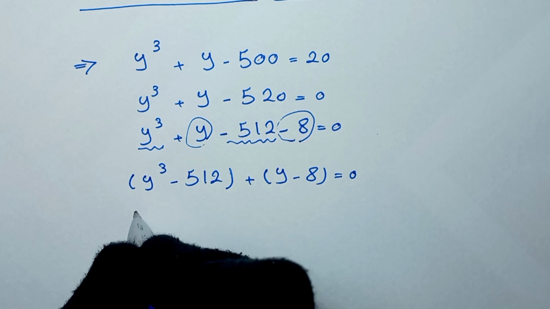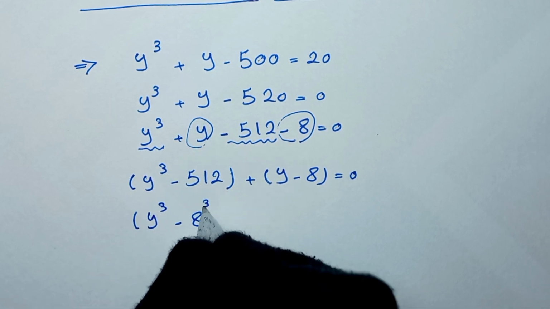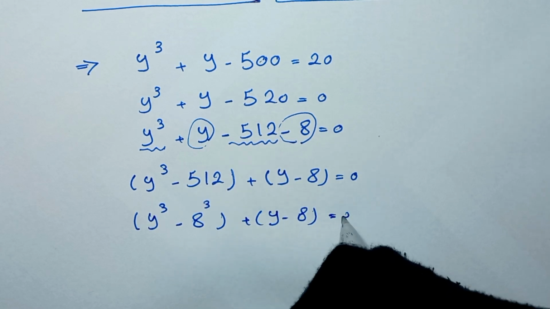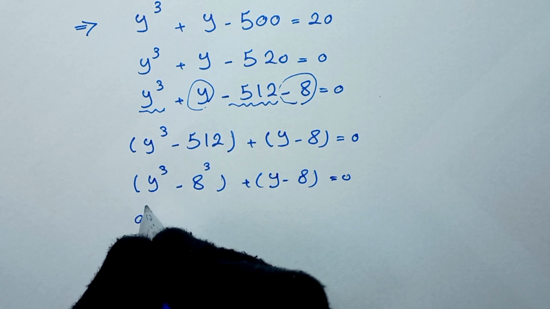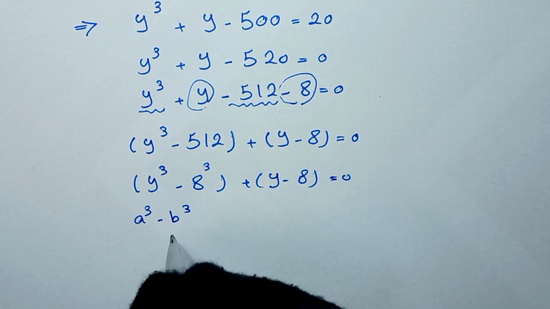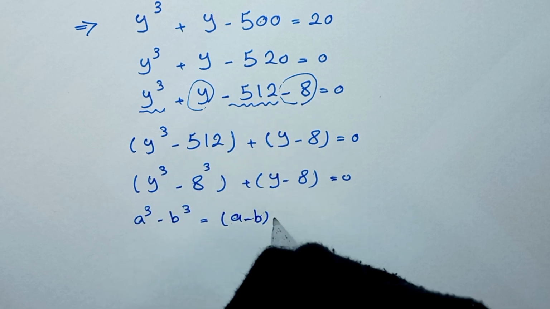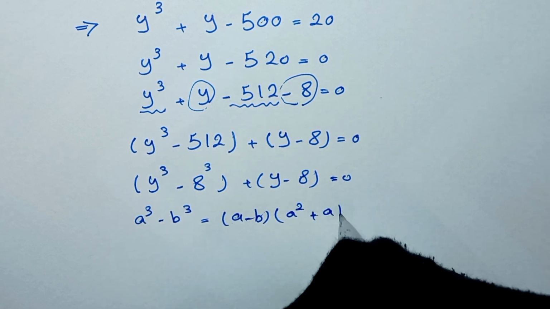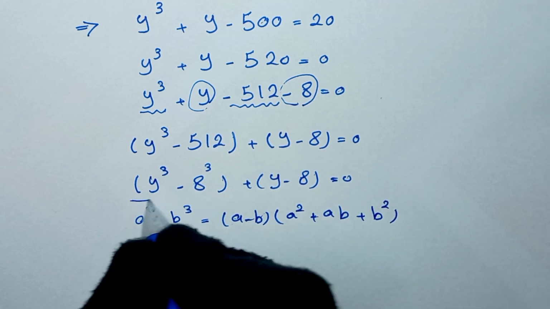So we can write this as y cubed minus 8 cubed plus y minus 8 is equal to 0. And this is in the form of a cubed minus b cubed, and we can write this as a minus b times a squared plus ab plus b squared, right?